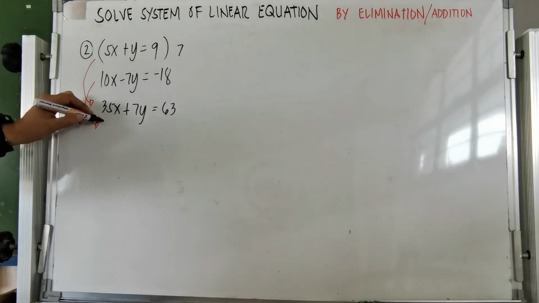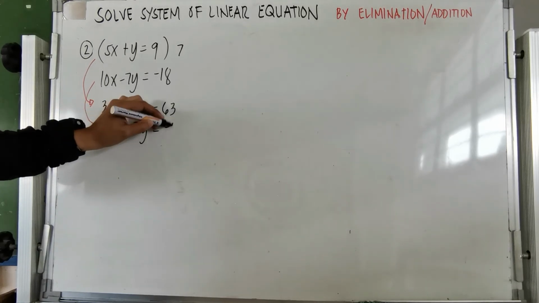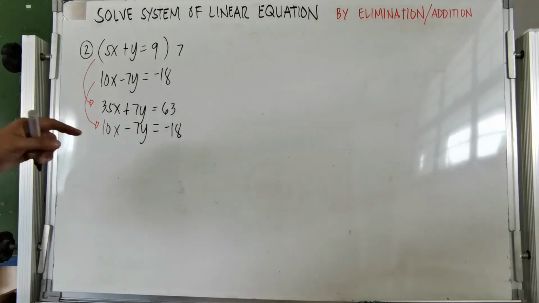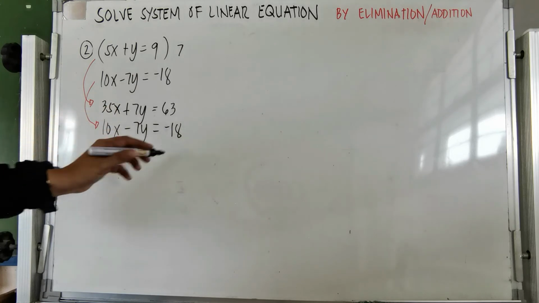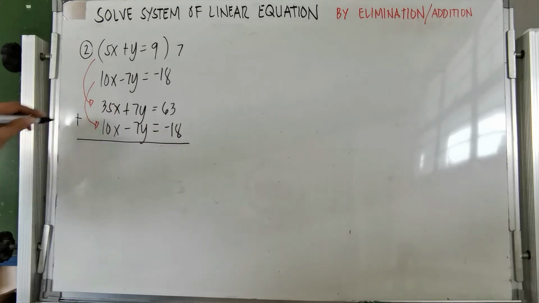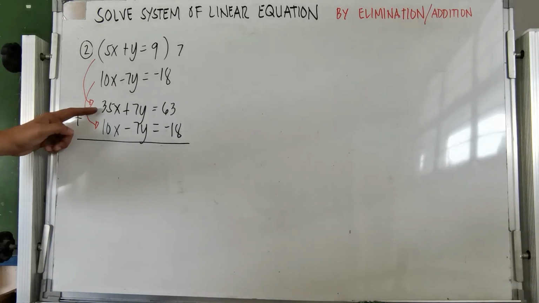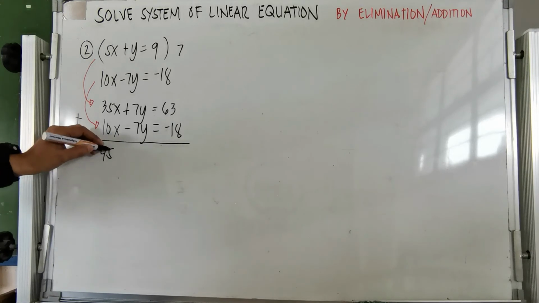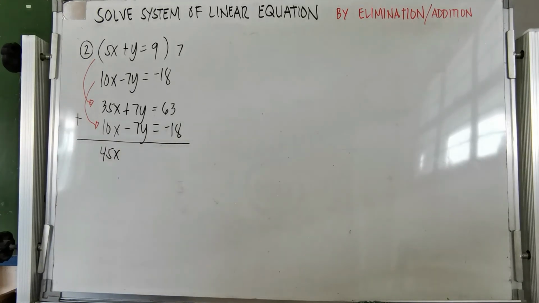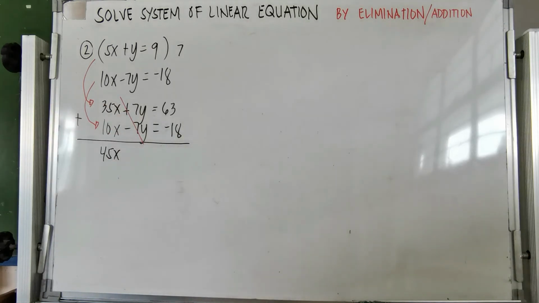So, our second equation is 10x minus 7y equals negative 18. Now, meron na tayong parehong term na magkaiba ng sign. So, pwede na tayong mag-add. Of course, our first term, 35 plus 10, we have 45x. Then, ang ating middle term ay makakancel.